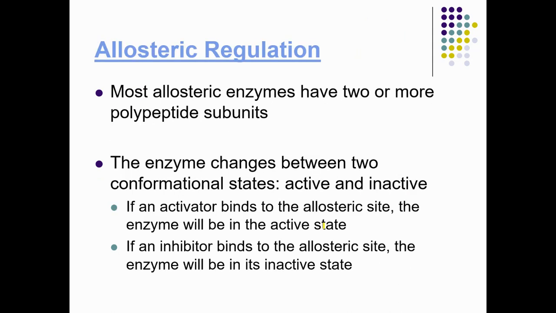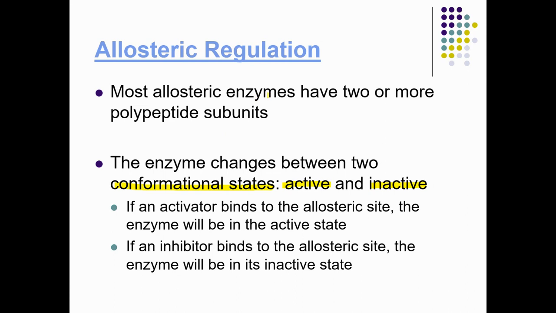And so the key to allosteric regulation is the enzyme is changing between two conformational states. What that means is two shapes, okay? In an allosteric enzyme, they're either going to be in an active state where the substrate can bind, or they're going to be in an inactive state where the substrate cannot bind. So essentially the enzymes are kind of turned on and turned off by these molecules.